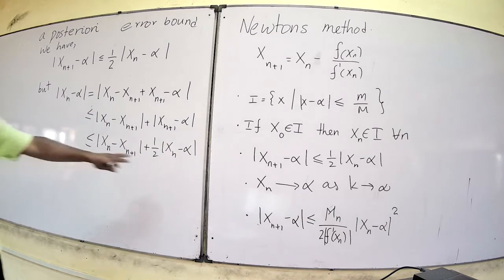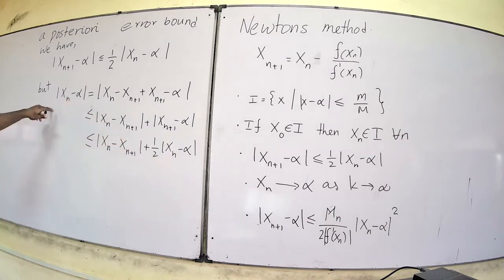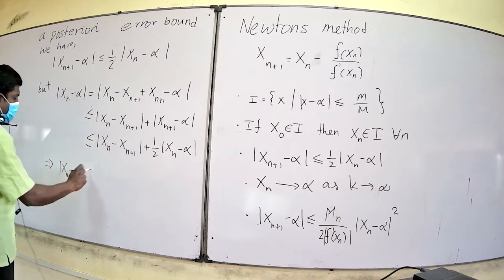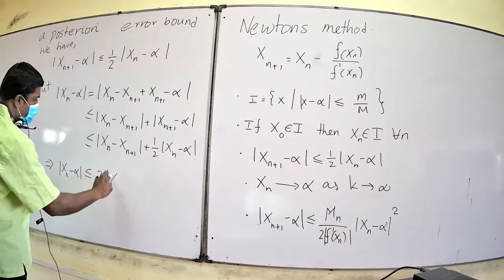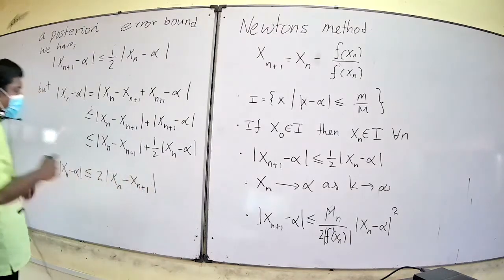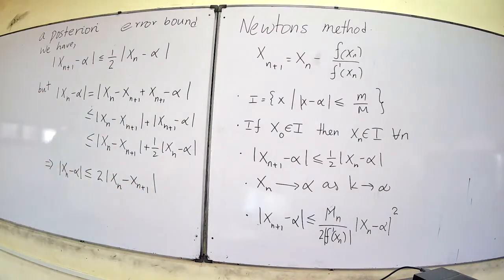So you can move this to the other side and simplify. Multiply by 2 and move xn minus alpha to the other side, which gives xn minus alpha is less than or equal to 2 times xn minus xn plus 1.